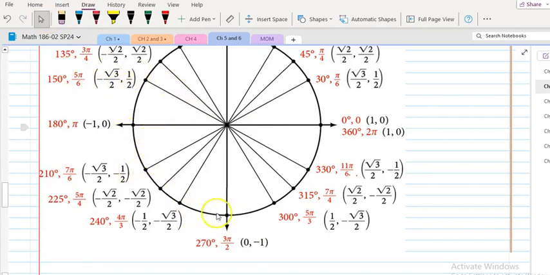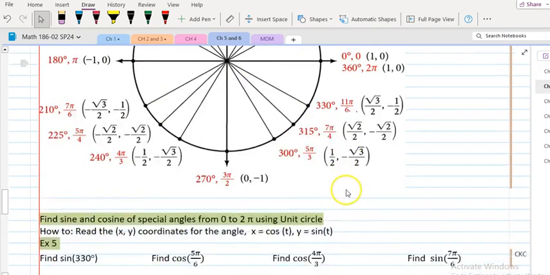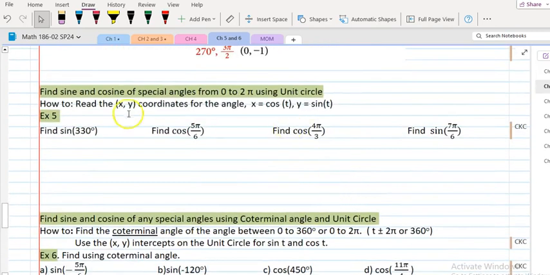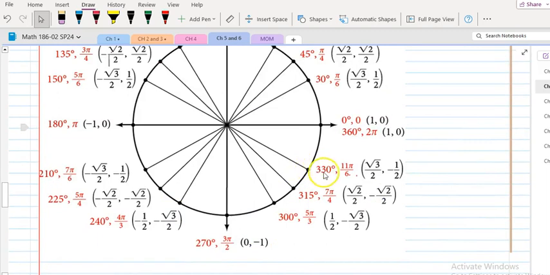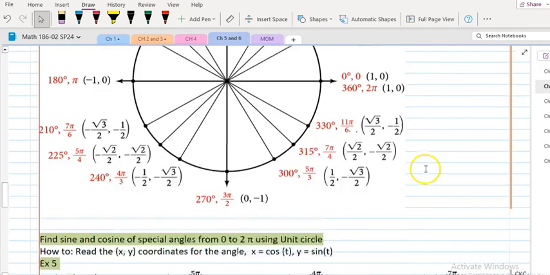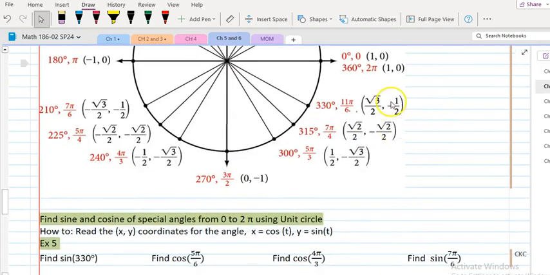We do the same thing to generate quadrant 3 and quadrant 4. If I ask you to find sine 330 degrees, I know 330 degrees is the result of having a 30-60 triangle here, and I have recorded root 3 over 2 comma negative 1/2 in the unit circle.